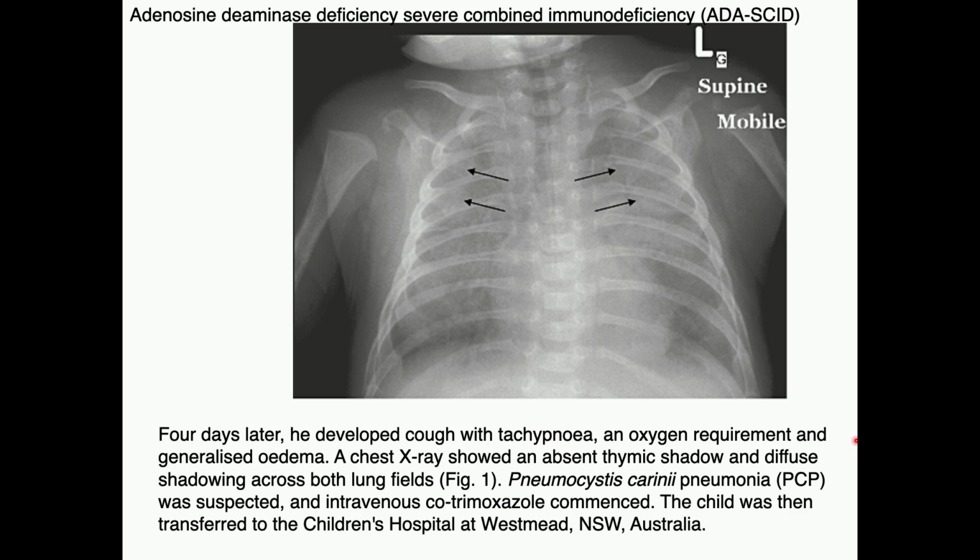And 4 days later, he started to get a lot worse. So the chest x-ray, I'm going to leave this to radiologists, but there's supposed to be a thymus somewhere in the neck. I imagine that's where the thymus is, that you can see on x-ray, which is not present in our case.